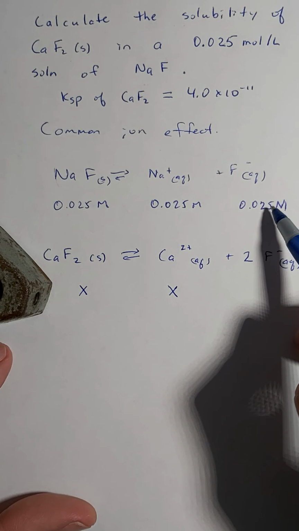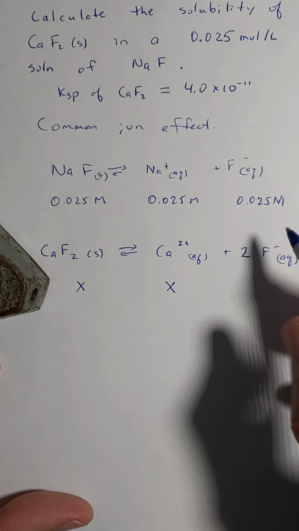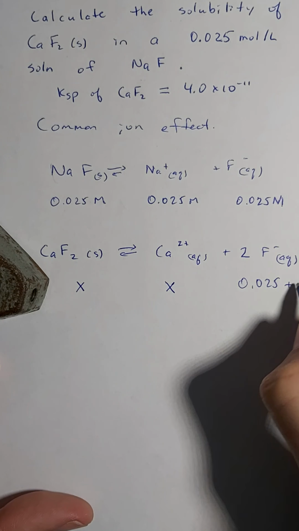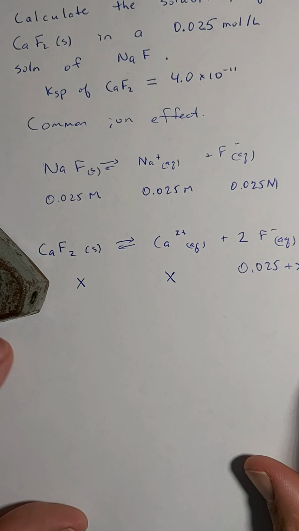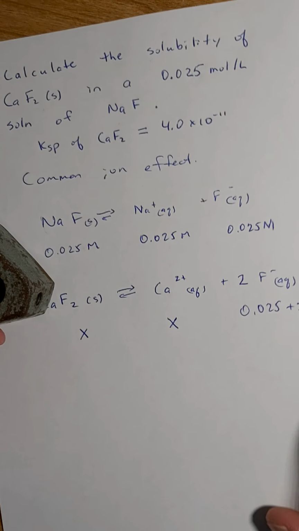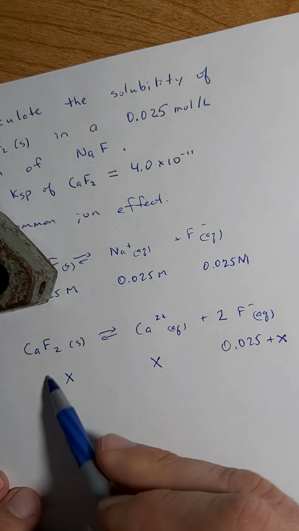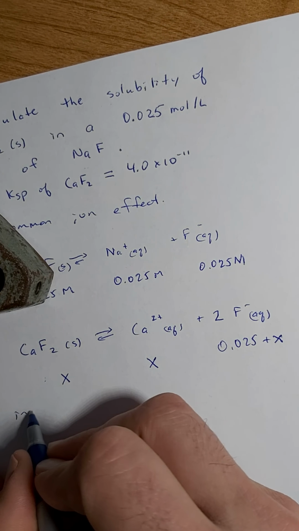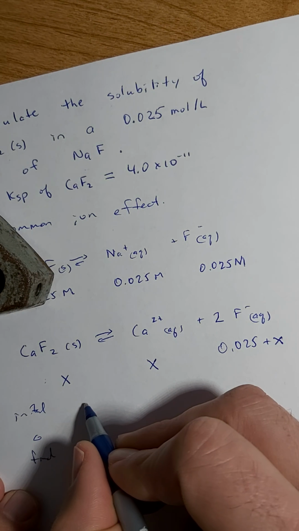Well, I'm starting with this much, and I'm going to get X more. I would get 0.025 plus X. So this would be my final row. If you're not sure about that, go ahead and make a chart with initial, change, final.